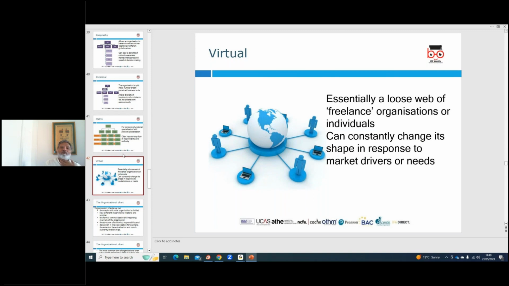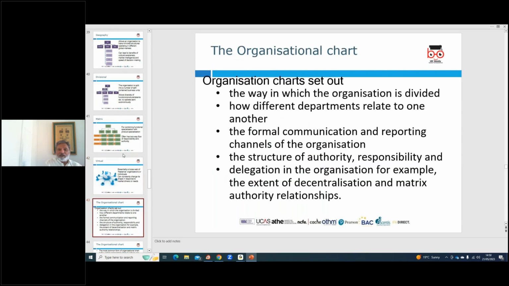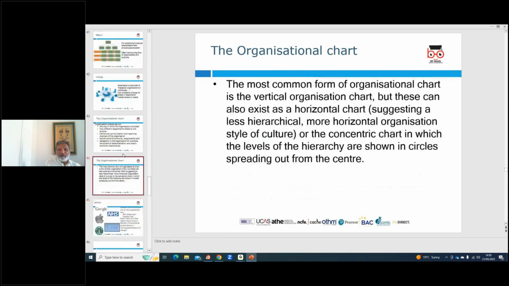There's no particular structure as such, but they are controlled, or meetings are done online, and it's a very loose structure because mostly it applies to freelance people working independently, people who work on their own, or virtual organizations, so they hold meetings virtually.